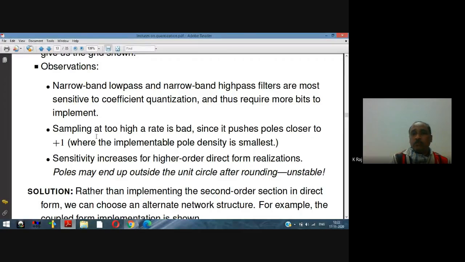So too high a rate of sampling is also avoided. Sensitivity increases for the higher order direct form realization. That's why the higher order direct forms are broken into first order sections and second order sections here.